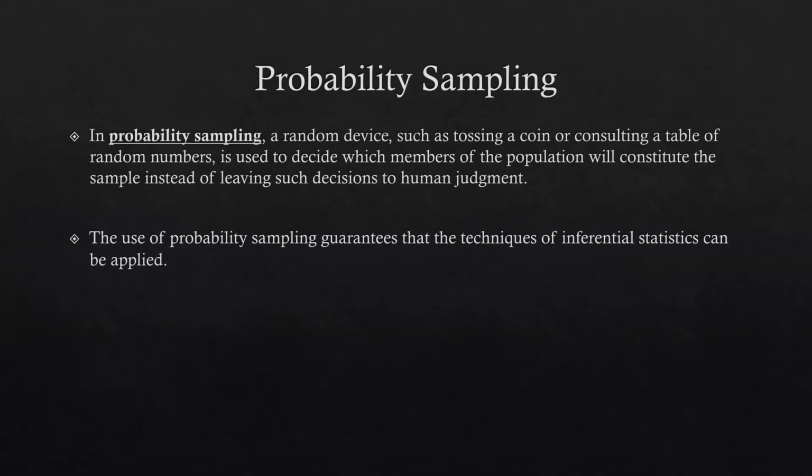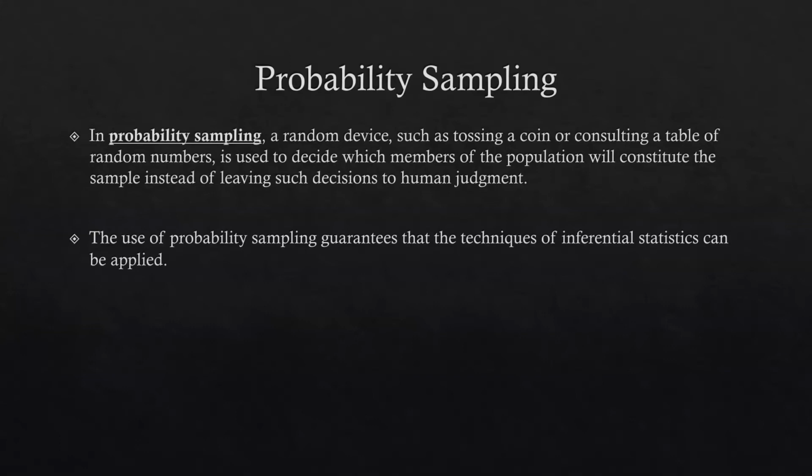Probability sampling. This is a basic kind of sampling, like tossing a coin to make a decision, or using a random number table or a bunch of random numbers to make a decision. Basically, what it does is it takes human error out of it. It takes the human judgment away. So it's good in that it will help you decide the members of a sample instead of using human judgment.